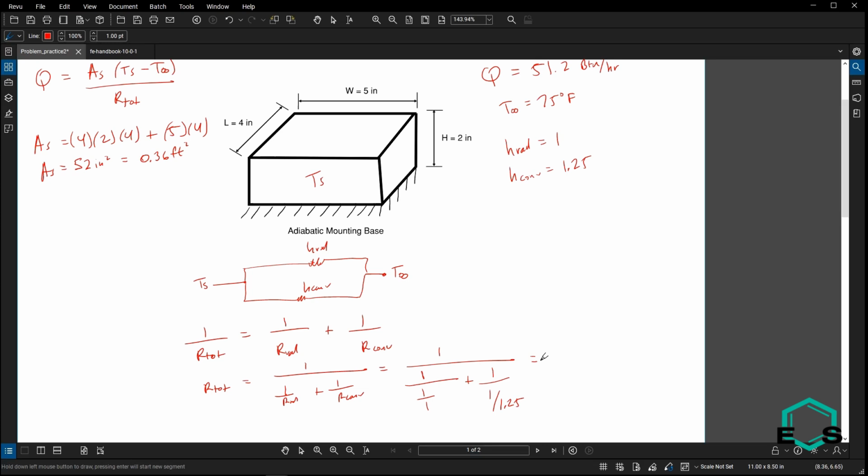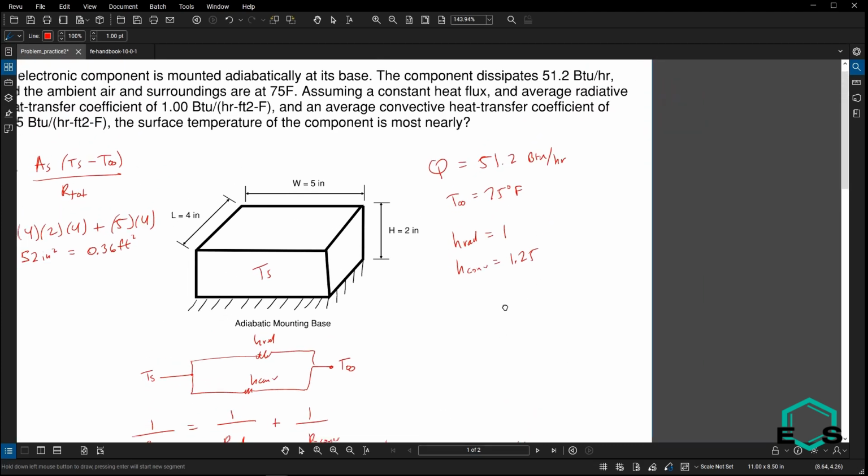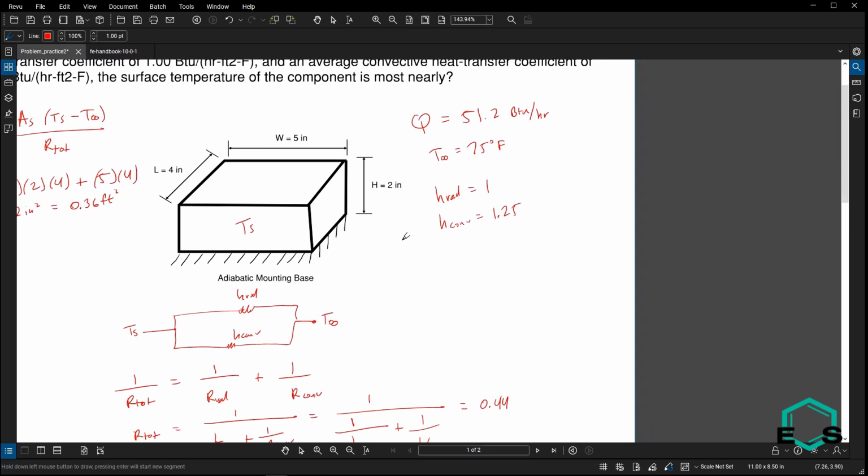If I put this in my calculator, 0.44, and the units are hour feet squared degrees F per BTU.